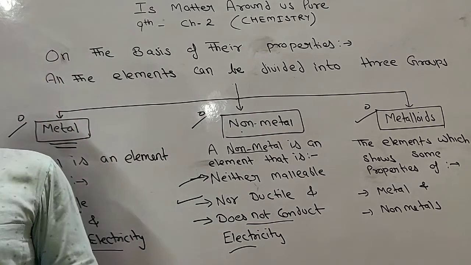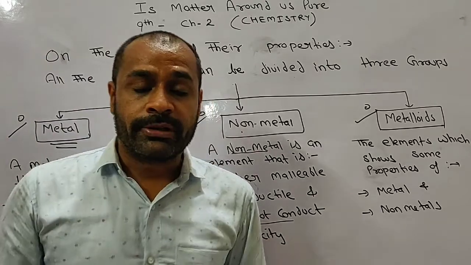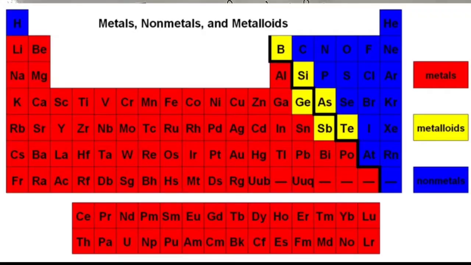Fine. So before going further, look at this periodic table. In this periodic table, you will see all the elements divided into different colors like red, yellow and blue. The red color, which is the largest area in this periodic table, shows the metals.